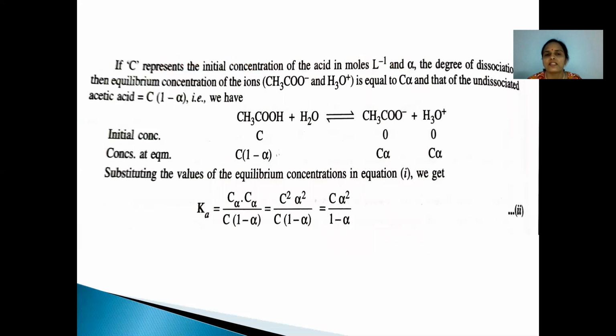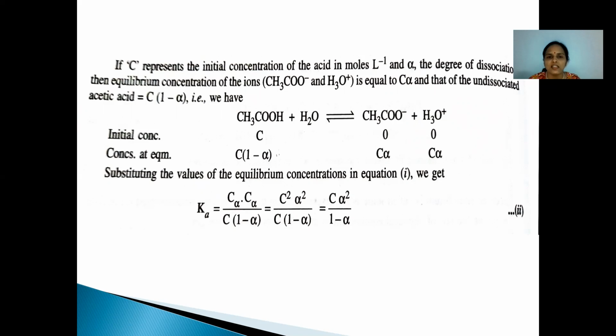If C represents the initial concentration of the acid in moles per liter and alpha be the degree of dissociation, then equilibrium concentration of the ions is equal to C alpha for CH3COO- and H3O+, and that of the undissociated acetic acid equals C into 1 minus alpha.